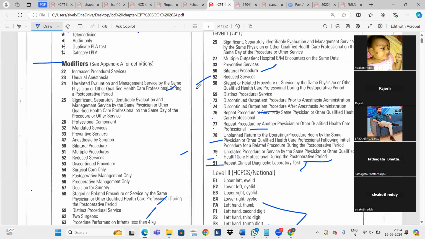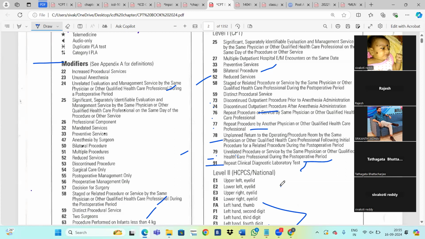Okay, general anesthesia means complete loss of consciousness, total body unconsciousness. Local anesthesia means only a certain body part, sedation.